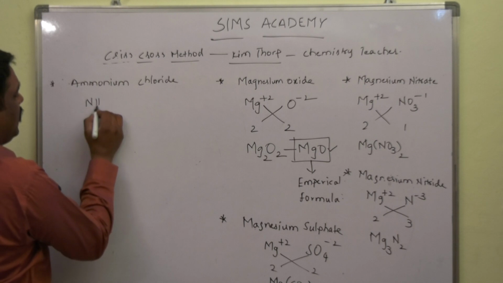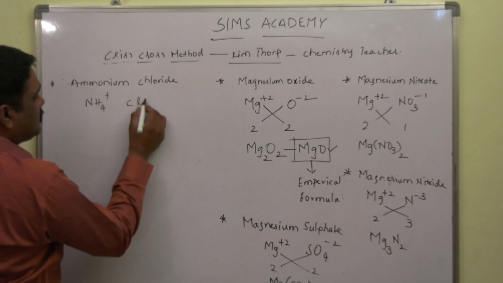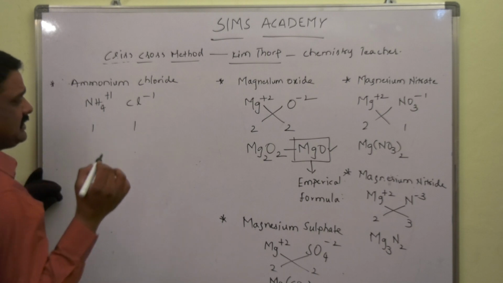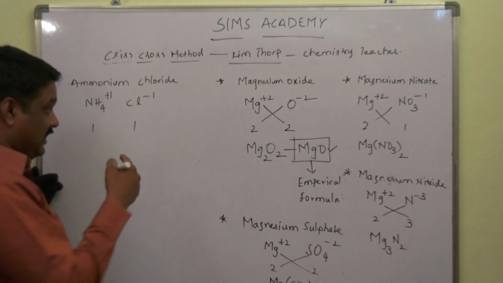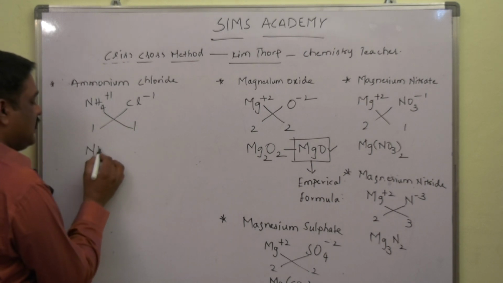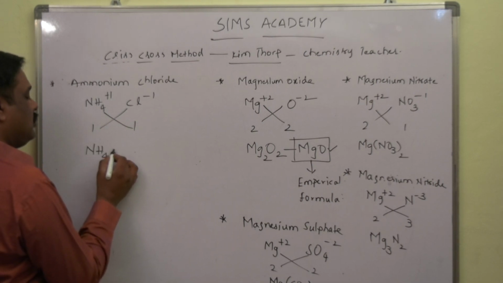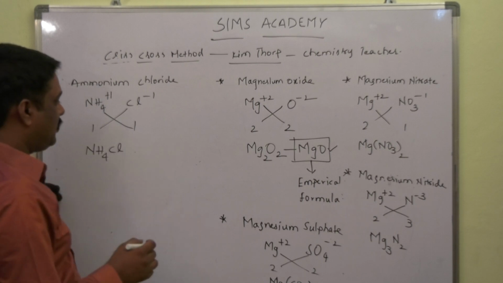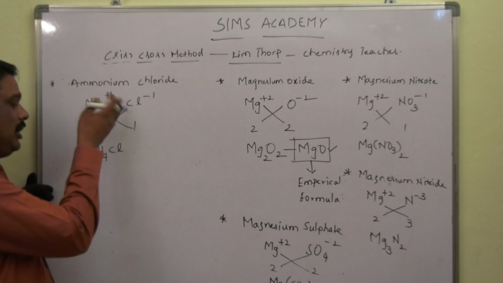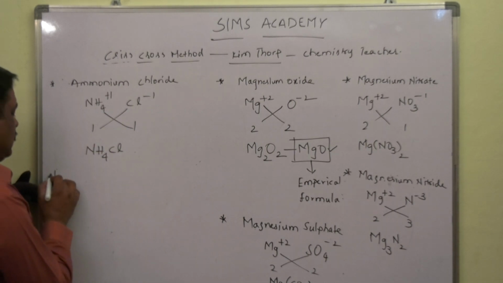Ammonium formula NH4 plus, chloride Cl minus, 1 charges. Criss Cross, NH4Cl is the formula. We need not mention 1 here.